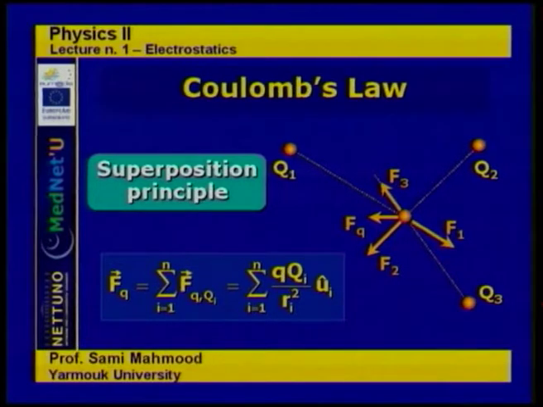Then the total force acting on charge Q is equal to the summation of the forces on charge Q due to charge Qi, and the summation runs over the index i from 1 to n. In this formula, u sub i hat is the direction of the force acting on Q by the charge Q sub i.